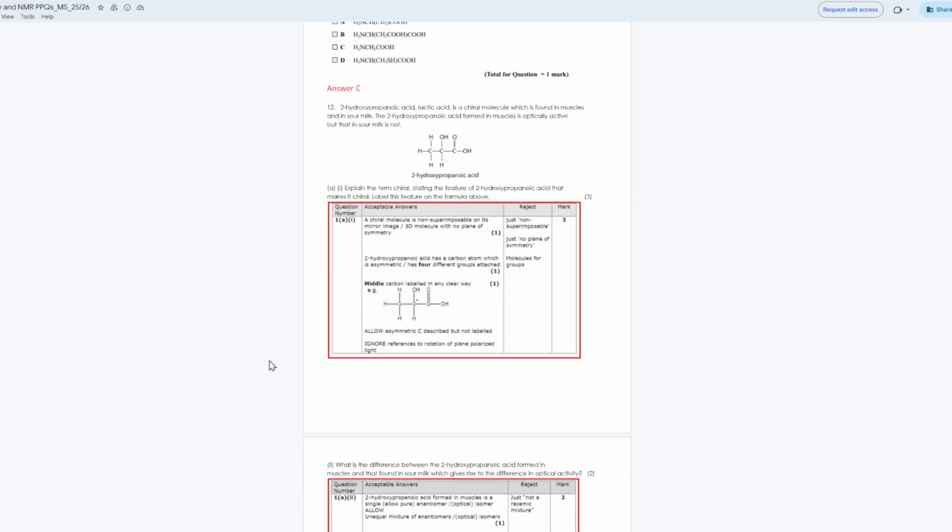Now, let's go into these because I'm not so hopeful. So, a chiral molecule is non-superimposable on its mirror image with no planar symmetry, with 4 different groups attached. So we completely missed the chiral molecule thing. So let's just annotate that.